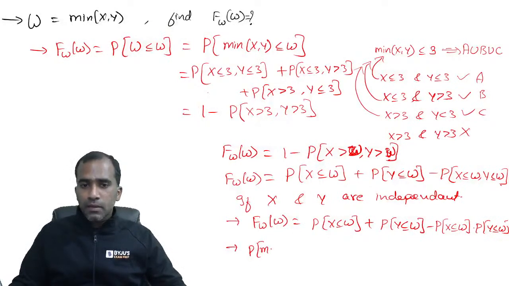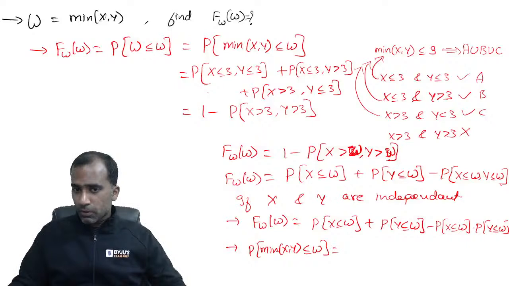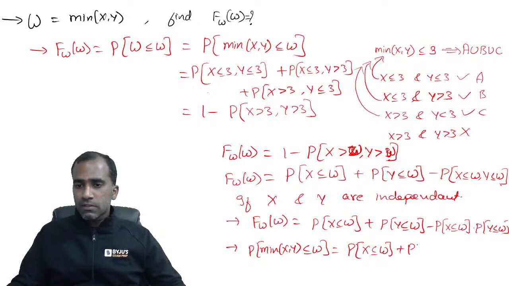If you want the probability that minimum of x comma y is less than or equal to w, then find the probability with which x happens to be less than w, find the probability with which y happens to be less than w, and then those two probabilities you just multiply. Very simple.